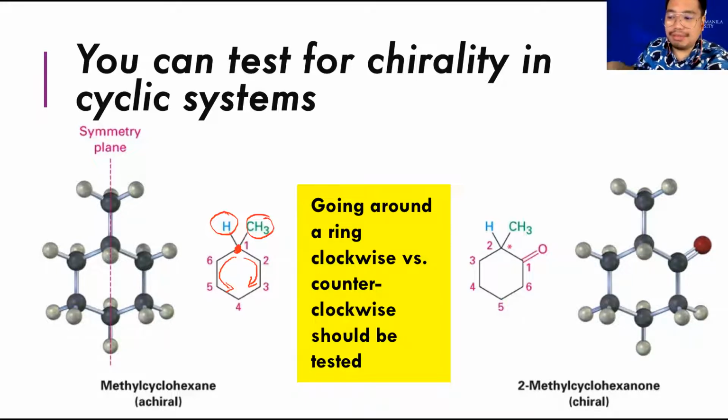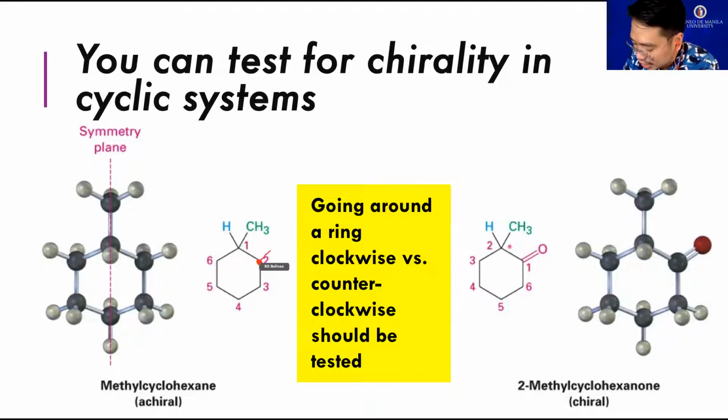Is that clear for everyone? So starting from carbon 1, you have to go 2, 3, 4, 5, 6. You also have to go 6, 5, 4, 3, 2. Now, here's the thing though. For this particular example, on the left, the experience of going 2, 3, 4, 5, 6 is exactly the same as 6, 5, 4, 3, 2.